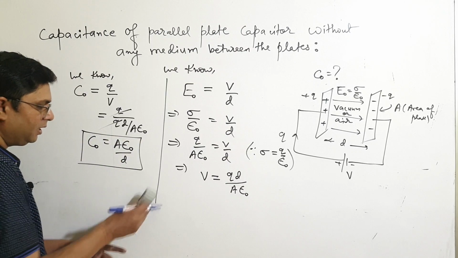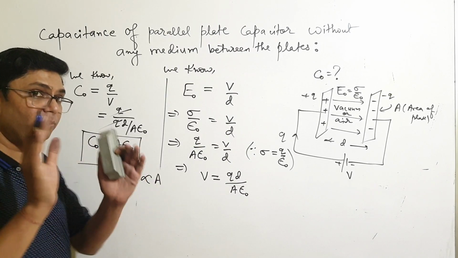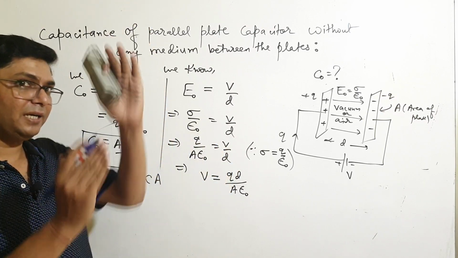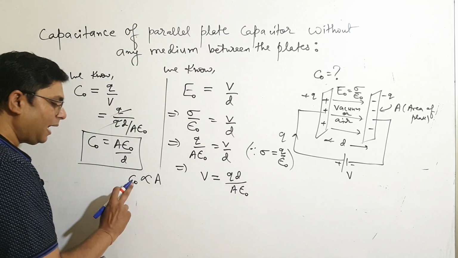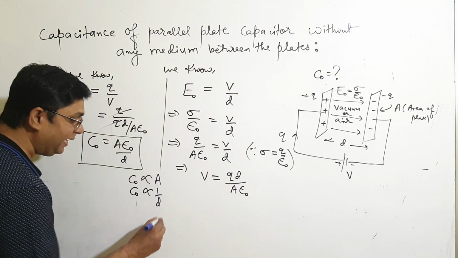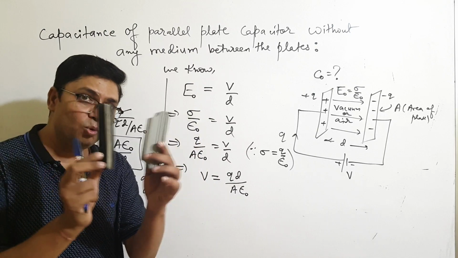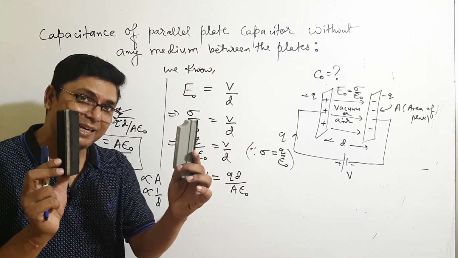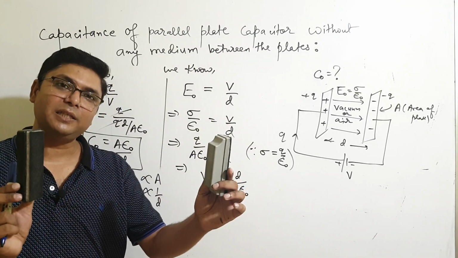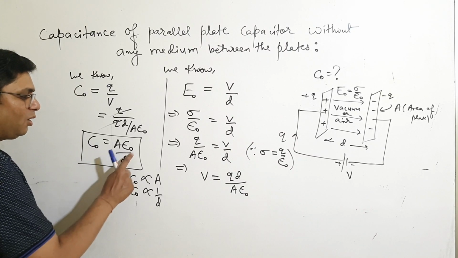This equation shows that C naught directly depends on area. This means that if you increase the area of the plates, then C naught will increase, and C naught is inversely proportional to the distance between the two plates. This means that if the distance decreases, then capacitance increases, and if the distance increases, then capacitance decreases. So thus we have learned C naught equals A epsilon naught upon d.